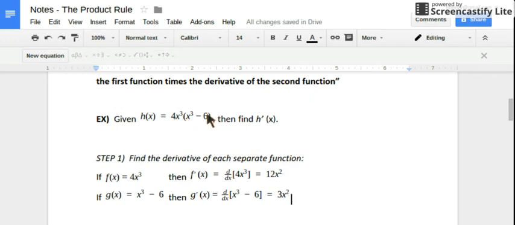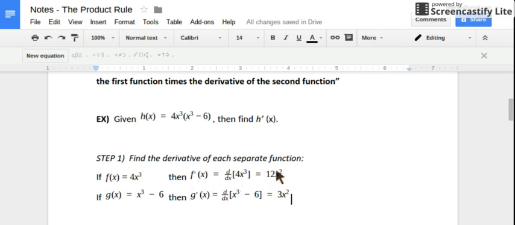Then take that second function and find the derivative of that. So the derivative of x cubed minus 6, drop that exponent down, subtract 1 from it, we get 3x squared. The derivative of a constant number is 0, so the final derivative of that function is 3x squared.